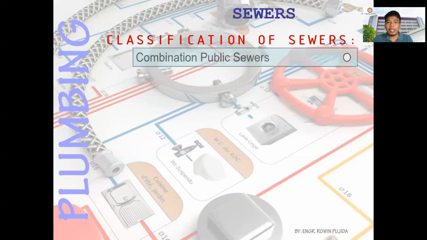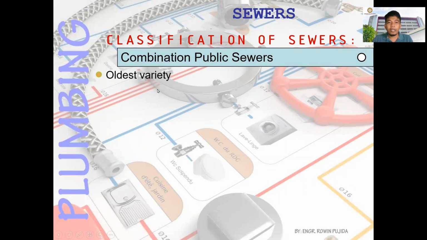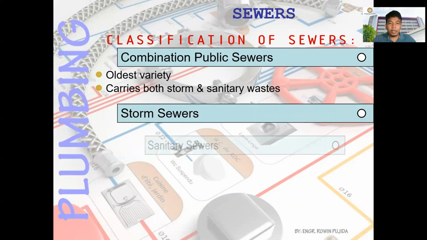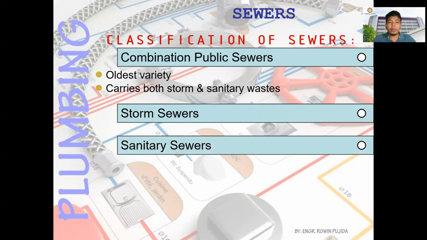Let's have the classification of sewers. First is the combination public sewers. You have the oldest variety. This carries both storm and sanitary waste. And then you have storm sewers, and also you have the sanitary sewers. So these are the classification of sewers. Sanitary sewers carry regular sanitary waste only. I think I already discussed this in the storm water system.